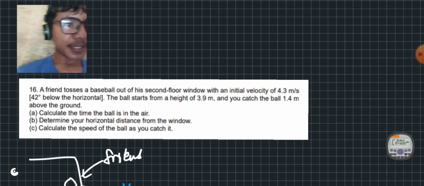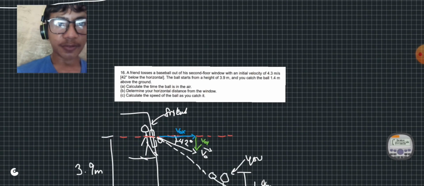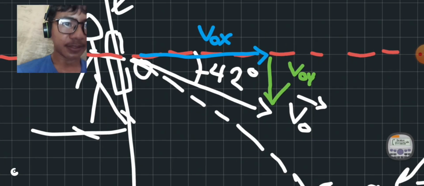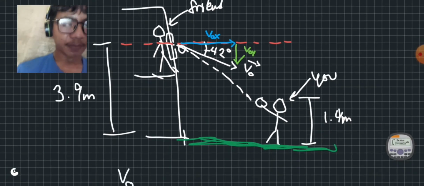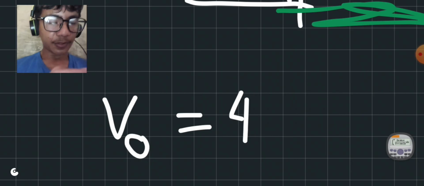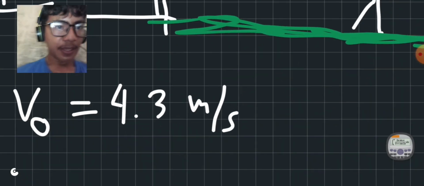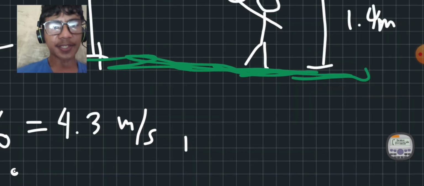As you can see, it tells us that it is 4.3 meters per second and 42 degrees below the horizontal. So that's 4.3 meters per second and 42 degrees below the horizontal.